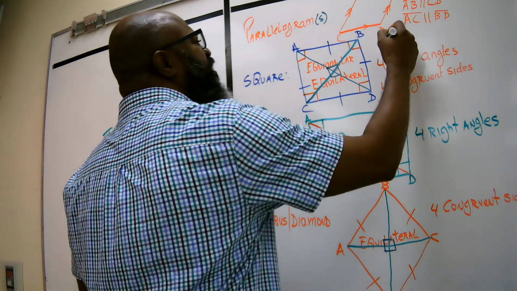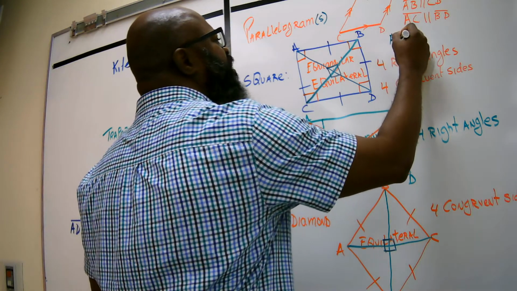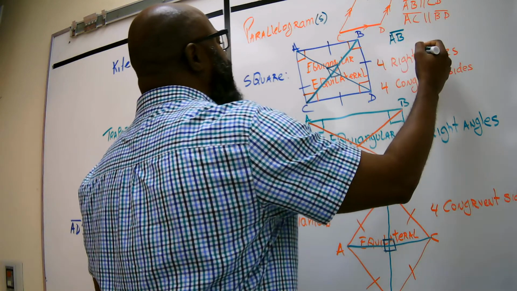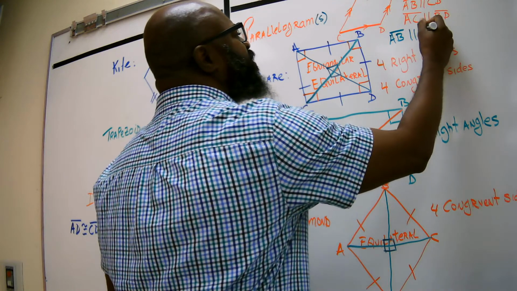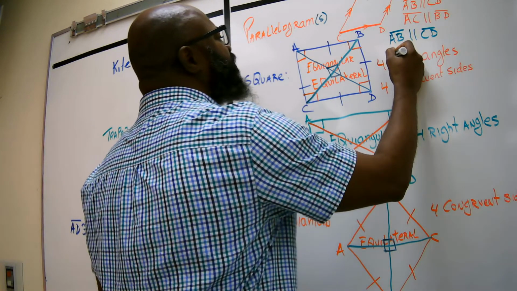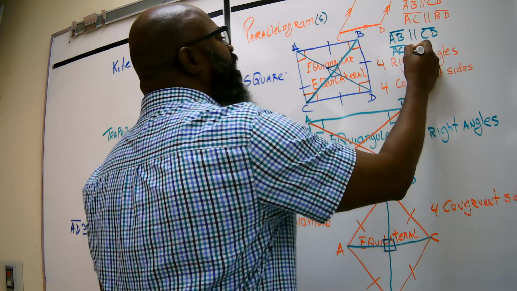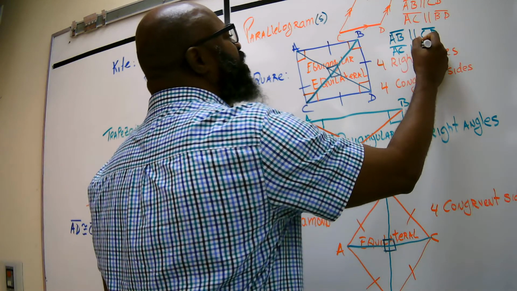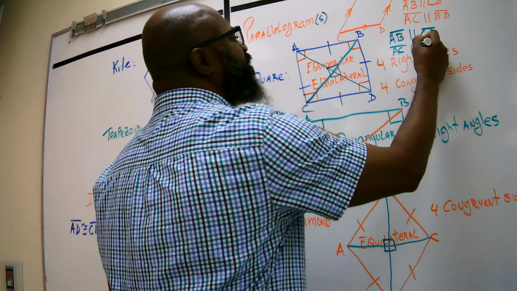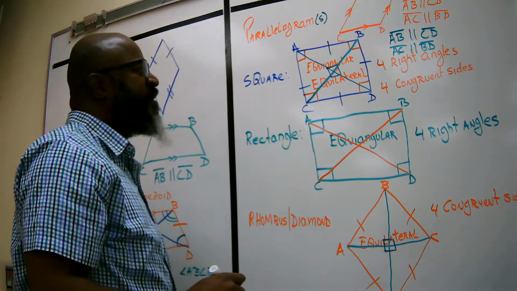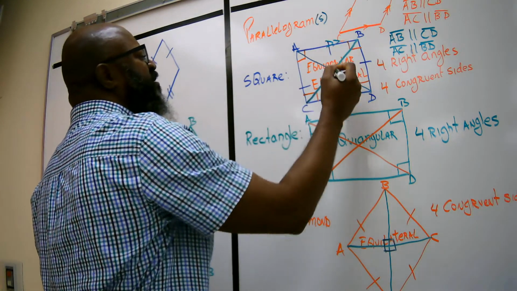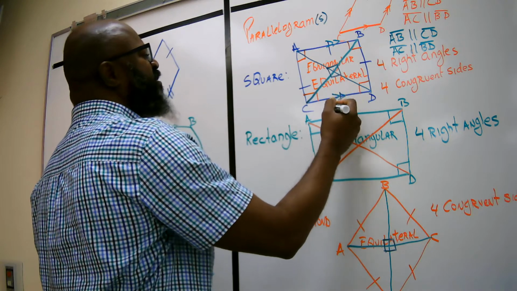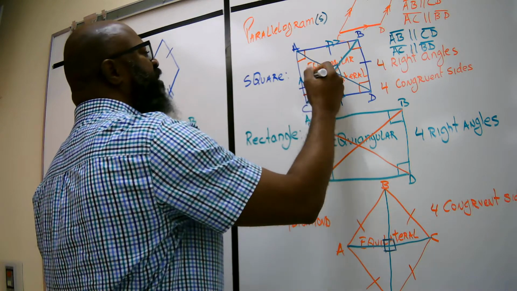So side AB will be parallel to side CD, and side AC will be parallel to side BD. That's the definition of a parallelogram. Both opposite sides are parallel, other than the other specific properties that they have.